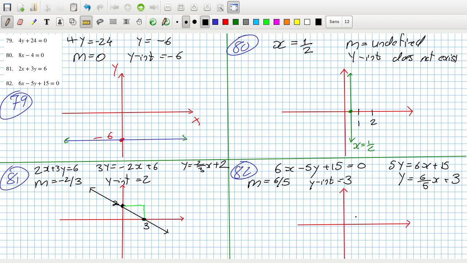So the y-intercept is at 3. And then you travel out 5 units, you go up 6. So that would be like here. So the line will be kind of steep.